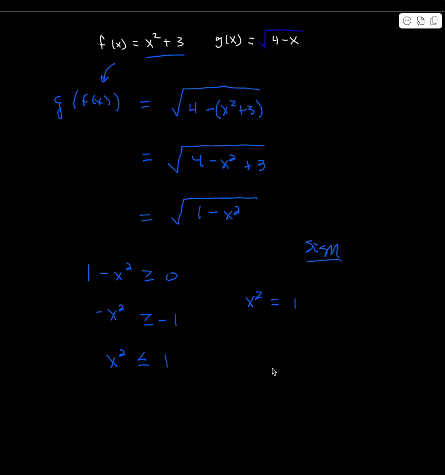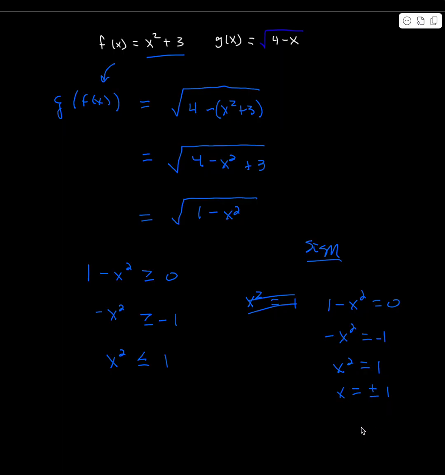Or maybe even I start here. Instead of this greater than or equal to 0, you could do 1 minus x squared is equal to 0. So then negative x squared equals -1, sorry. x squared equals 1. So x could equal plus or minus 1.